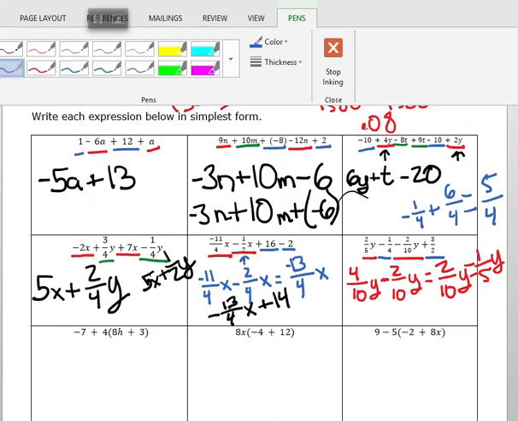So I'll write my answer down here. I have 1/5 y plus 1 1/4. I could also have written 2/10 y plus 5/4.